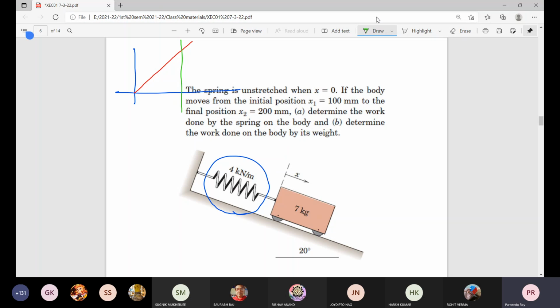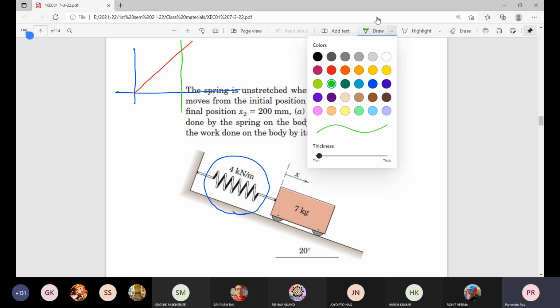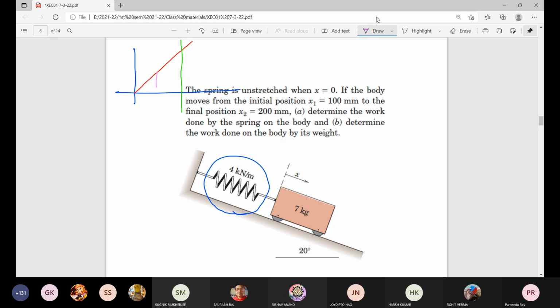Initial no deformation, some final deformation indicated by this green line, and the total work done under this graph, either in the form of integration if it is a non-linear graph, or if it is linear, then it will be half multiplied by base of the triangle multiplied by altitude of this triangle in that similar manner.